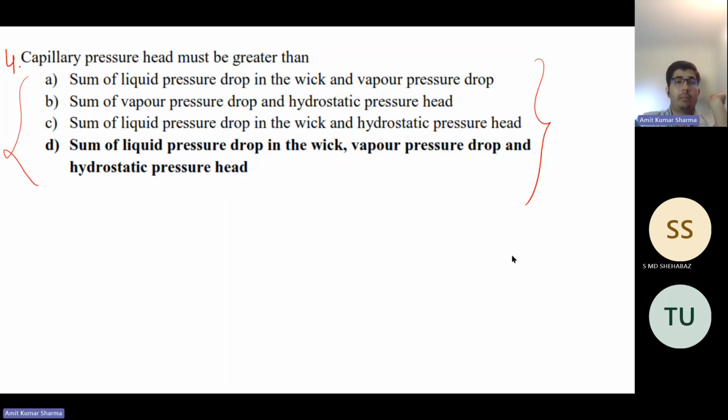First of all, you have to think about what is the meaning of capillary in heat pipes.